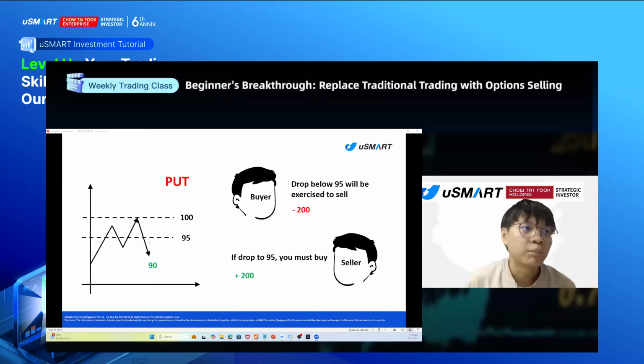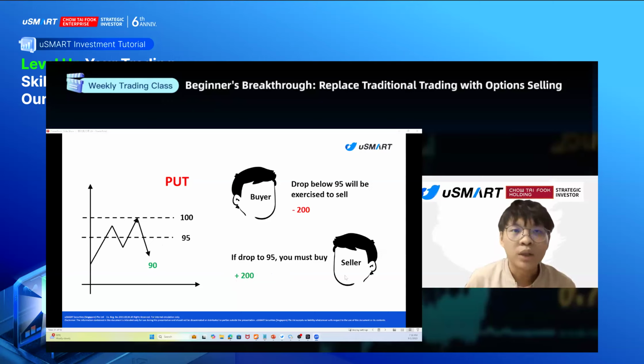That is equivalent to placing a buy limit at 95, whereby when you place a buy limit, you are unable to get a premium. But in this case, if you are using options, you are able to get the premium upfront, and when it drops to the price that you desire, you get into position. So this is how we utilize it.